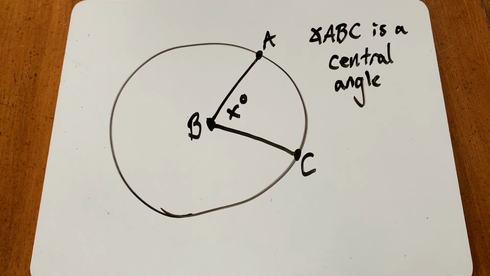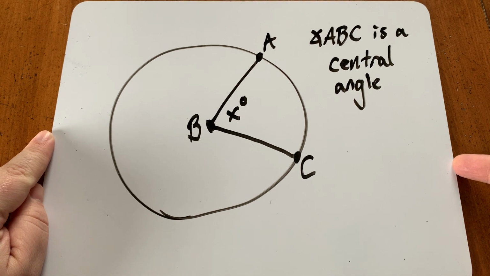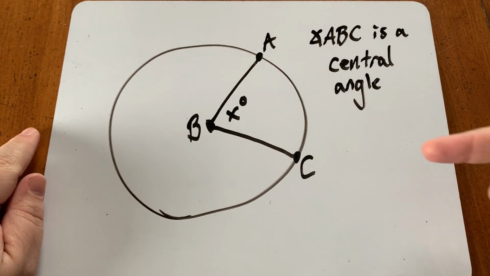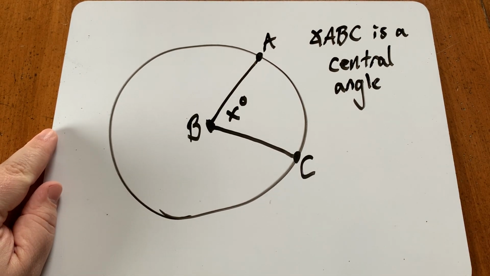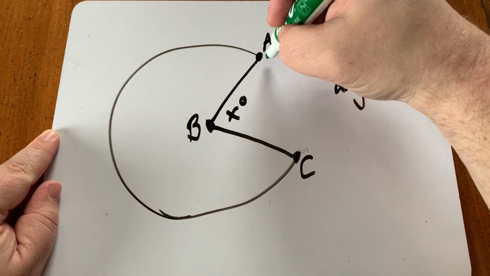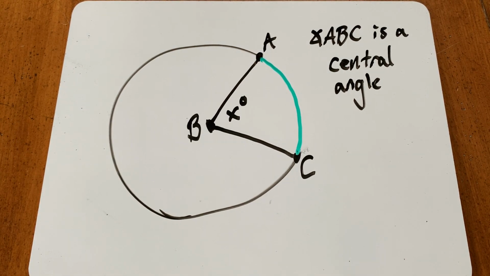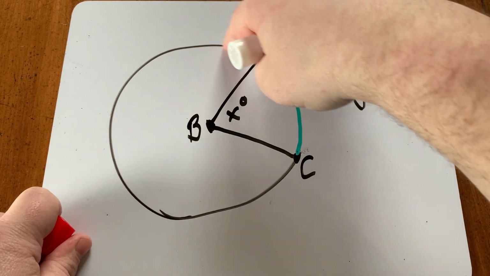Now, if you look at the circle, there are 2 points on it, A and C, and that divides the circle into two parts. There's this smaller arc here, and then there's the larger arc on the opposite side.